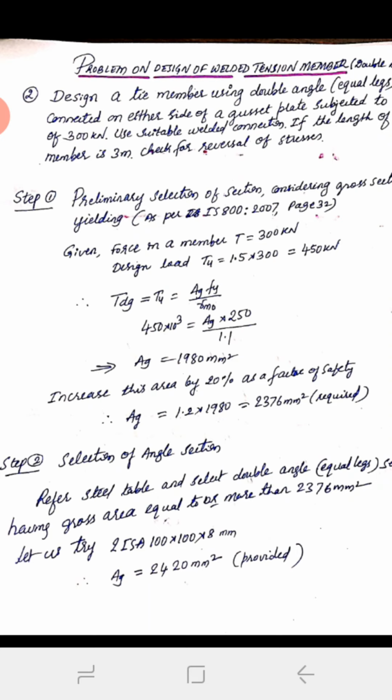So you have to refer to the steel table and select a double angle, because a double angle section has been asked for in the design. So you have to take the double angle area; the assigned section gives an area of 2420.